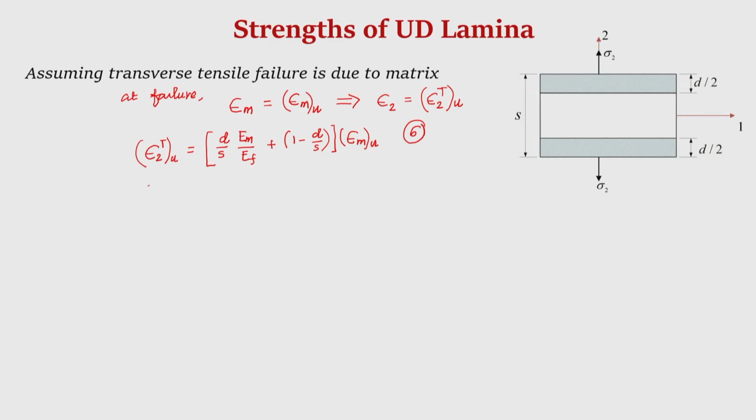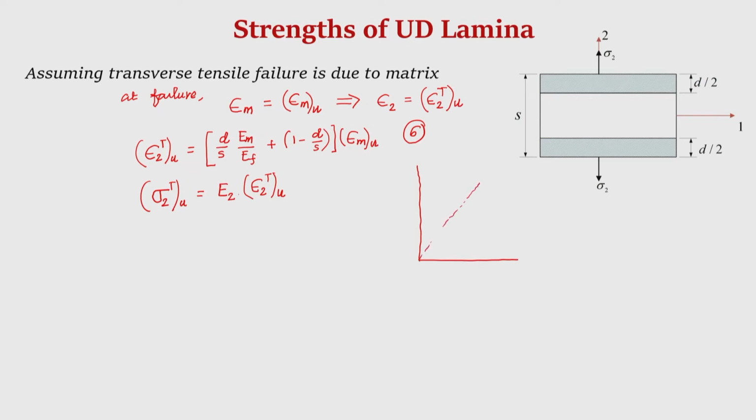Therefore, again the composite also obeys Hooke's law. Therefore, we can write the transverse tensile strength of the composite is nothing but E 2 into epsilon 2 T u, because the composite also obeys Hooke's law.